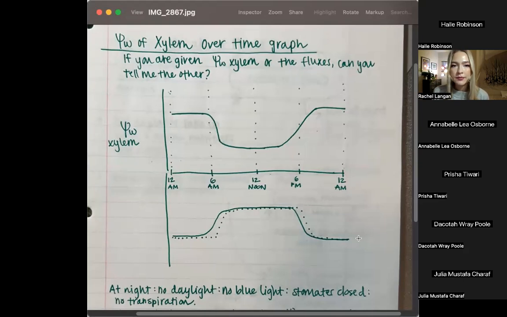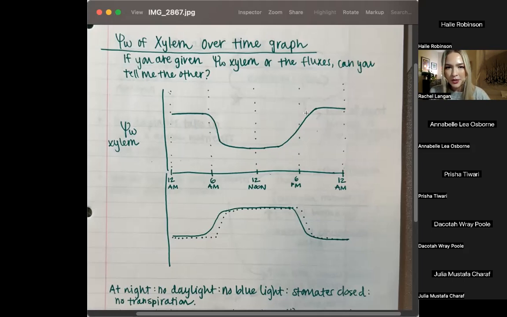Why don't they overlap exactly? Why is there a little gap between them? Because, well, first of all, whenever you see the xylem water potential graph, if it's decreasing, in your head you should think that means the transpiration rate is winning, because there's so much evaporation out that's causing the tension to increase and the water potential to drop.